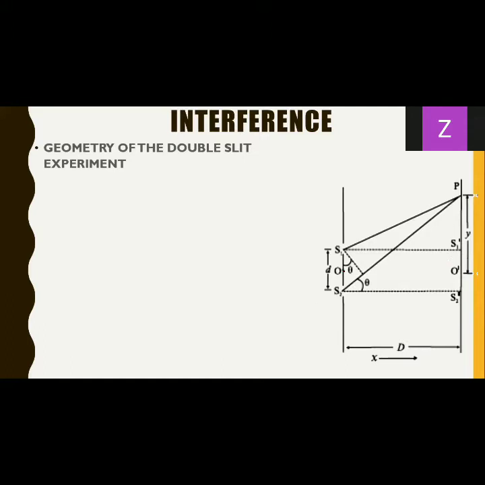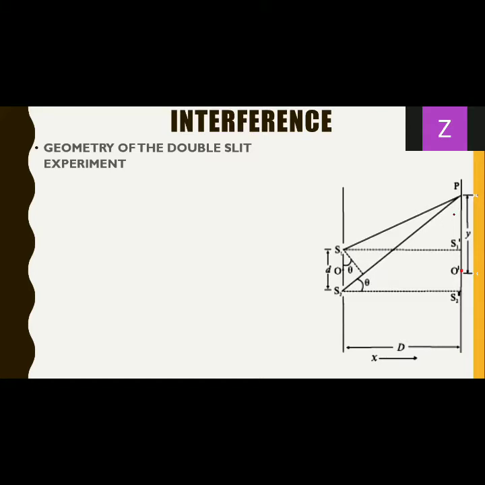We consider the midpoint of S1 and S2, which is point O. So O is equidistant from S1 and S2. And on the screen, we consider another point, O dash, which is again equidistant from S1 and S2.